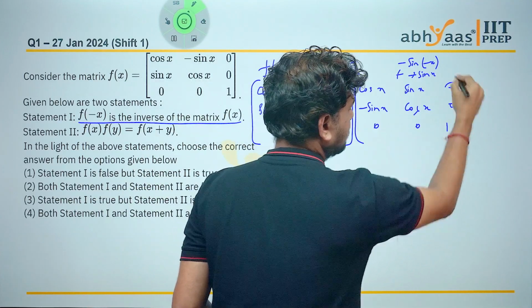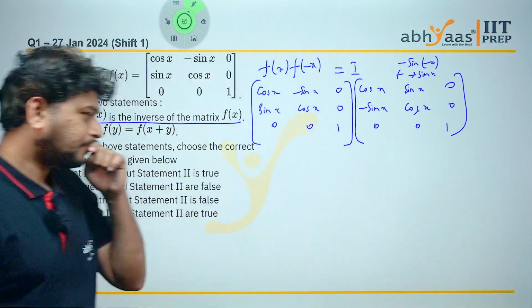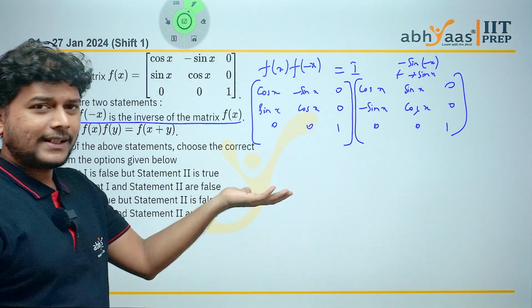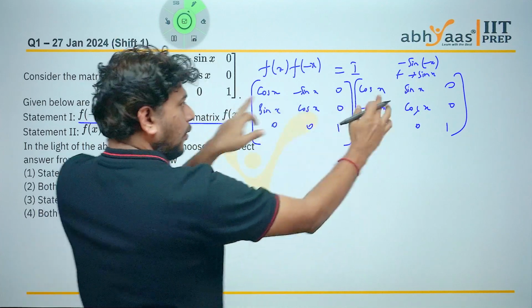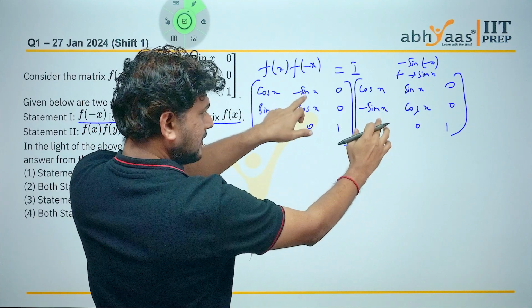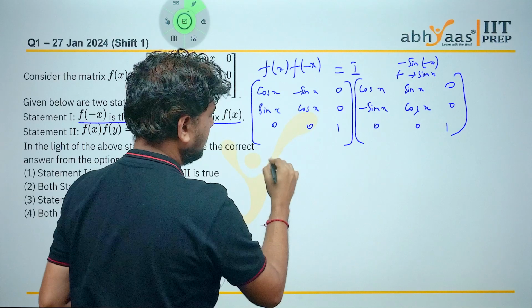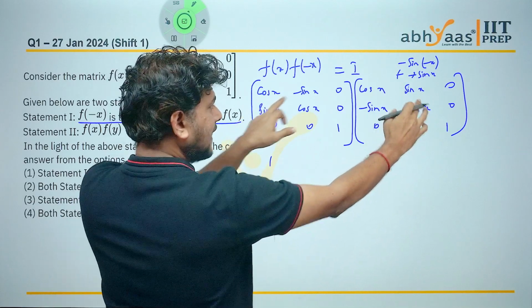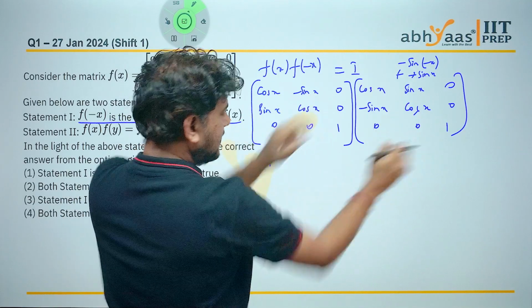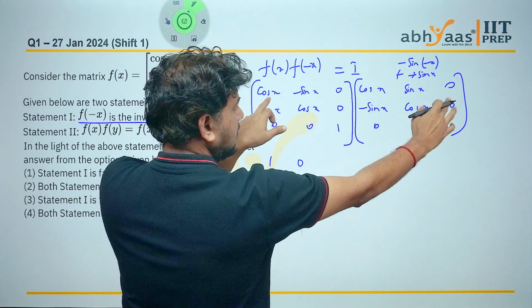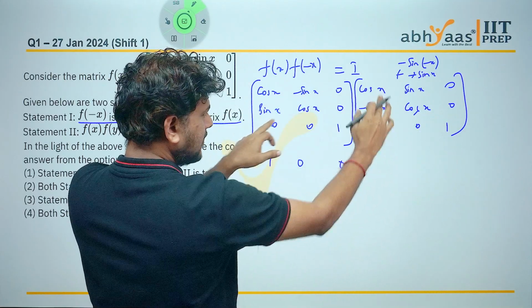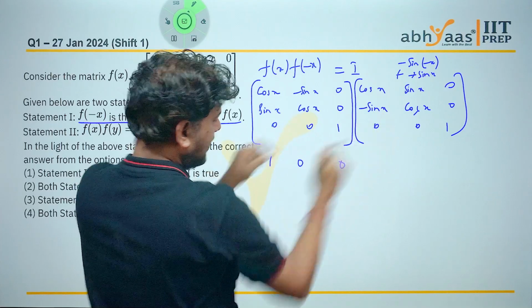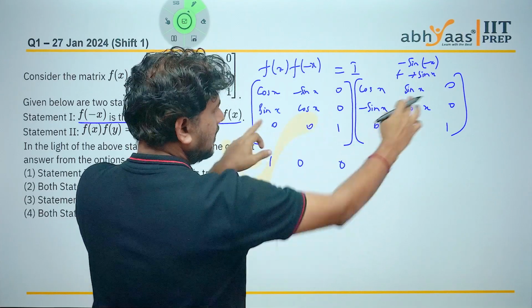0, 0, 1. Now for multiplying matrices, we go row by column. So row one: cos square x plus sin square x plus 0, that will be 1. Cos x sin x minus sin x cos x, 0. Then 0, 0, 0. Now sin x cos x minus sin x cos x and 0.